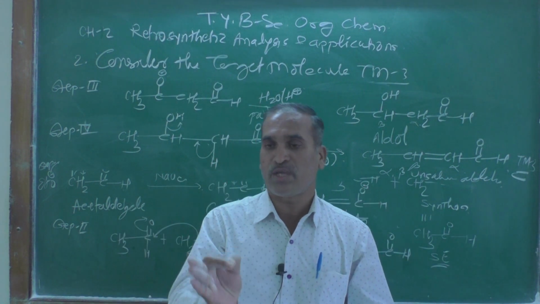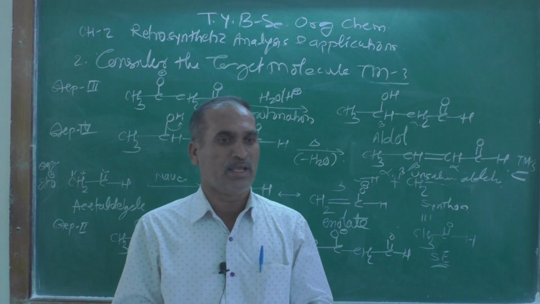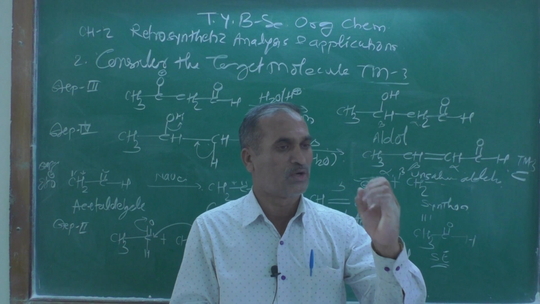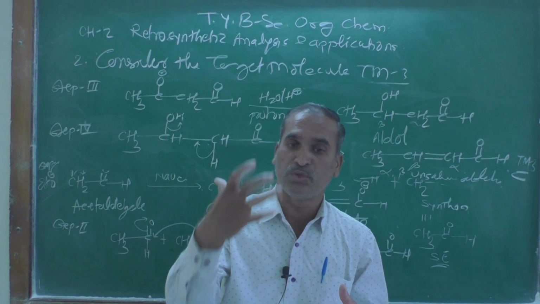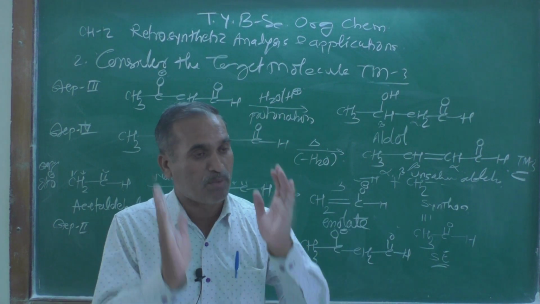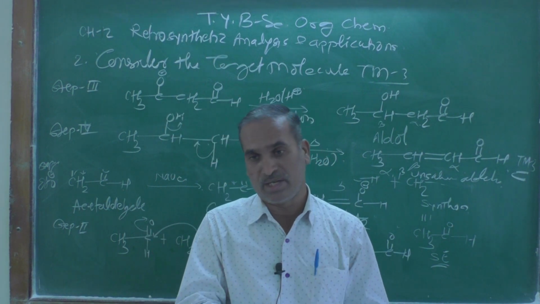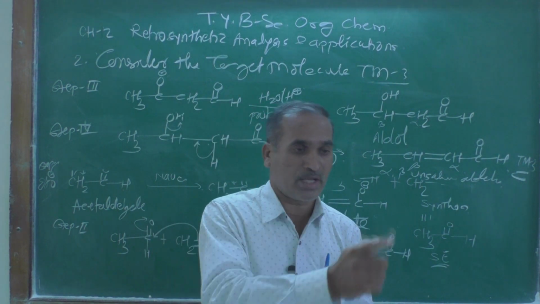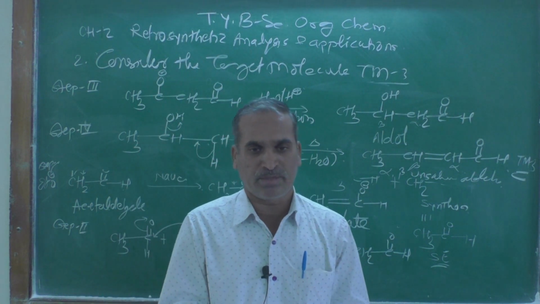So that way you have to think, because this chapter is mainly focusing on imaginative power. You have to think in such a way that you break the bond so that you can make it easily with the greatest simplification as well as with a good mechanism.